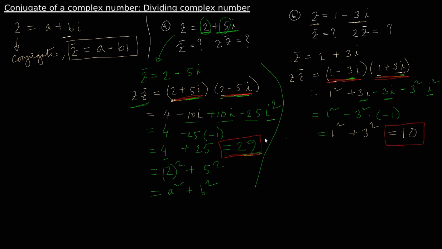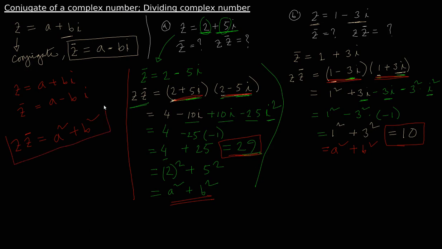In general, I can say if z equals a plus bi, and of course the complex conjugate is a minus bi, then z multiplied by z bar will be a square plus b square. As you can see, this is also a square plus b square in both problems.